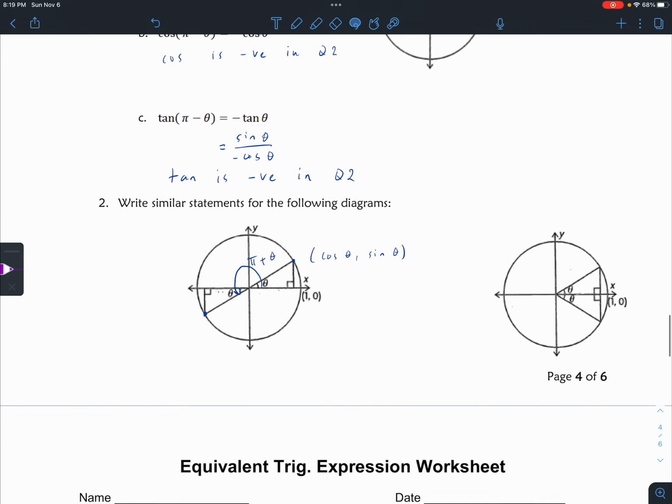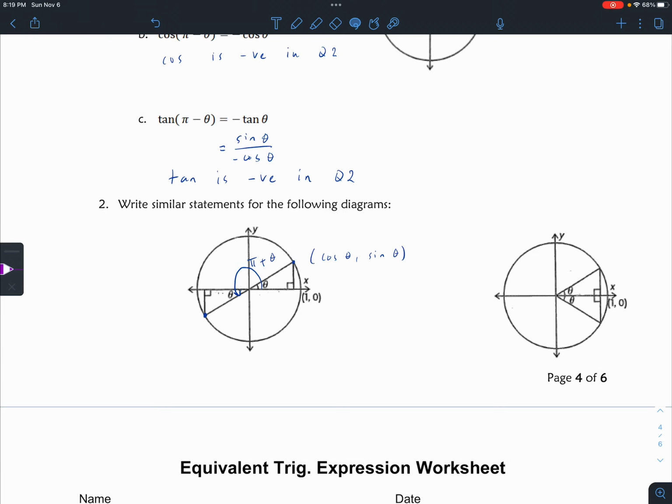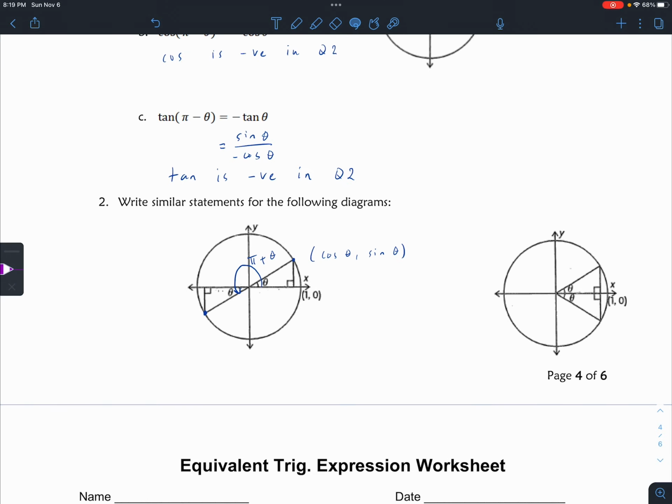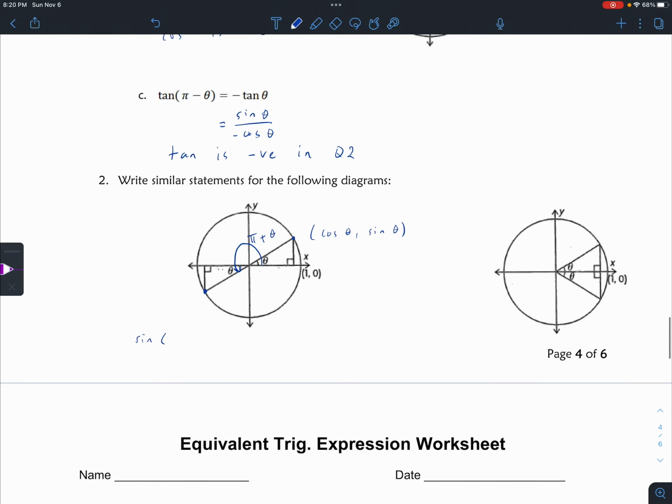And so what we can write for this, first for sine, similar to these other ones that we wrote: sine of pi plus theta would equal, so in this quadrant, cosine is going to be negative because it's quadrant 3.